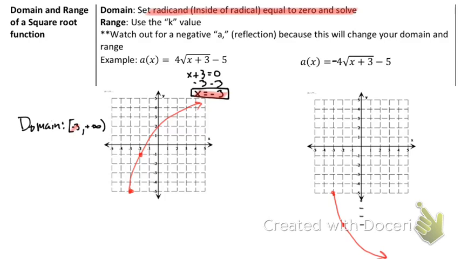So how does that look when we have an a value that's negative or causes a flip? We're going to set the radicand equal to 0 and show you what the domain looks like for this graph here. And as you might already know, when we set this equal to 0, we're going to get the same exact answer. X is going to equal -3. So if I did the domain for this graph here, it would look something like this.